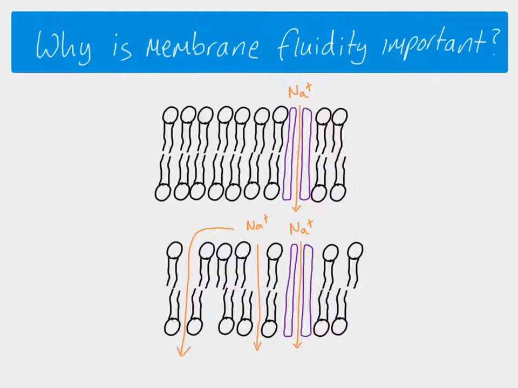So the function of the proteins and enzymes within the membrane can be affected negatively, and they can stop working if the membrane is too rigid. So it's kind of like a balance point where the membrane is just the right fluidity. Too fluid, not good. Too rigid, not good.